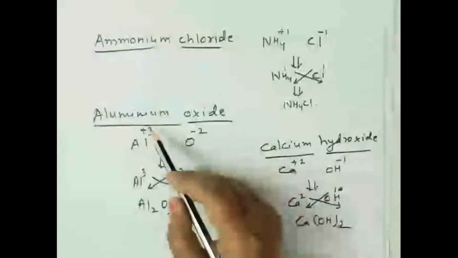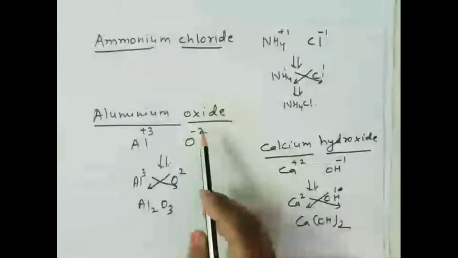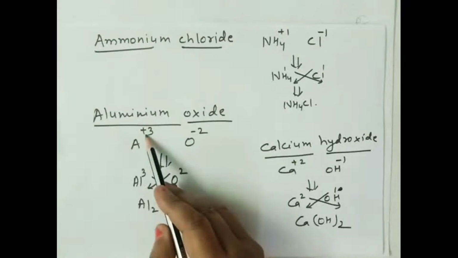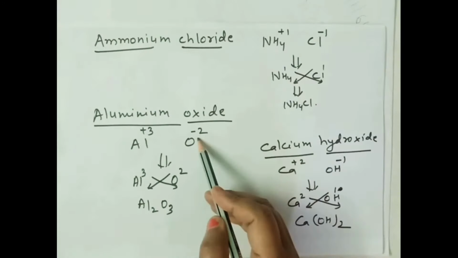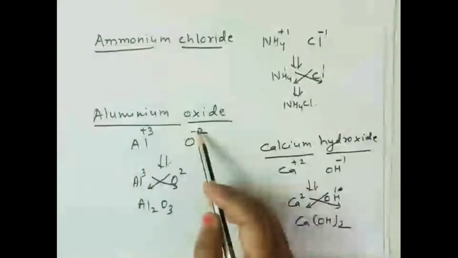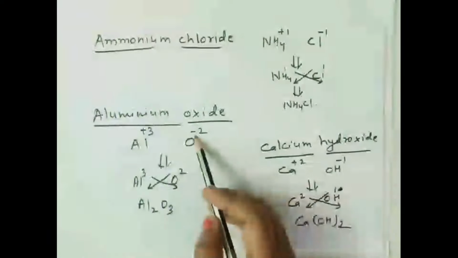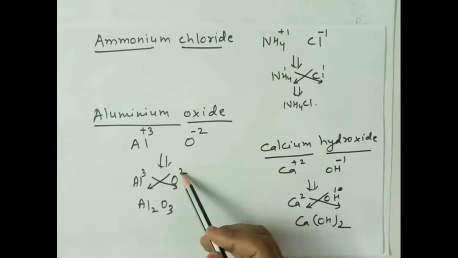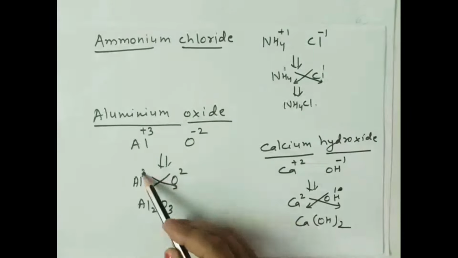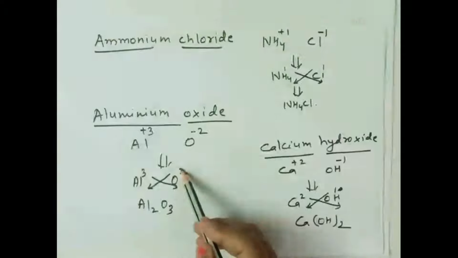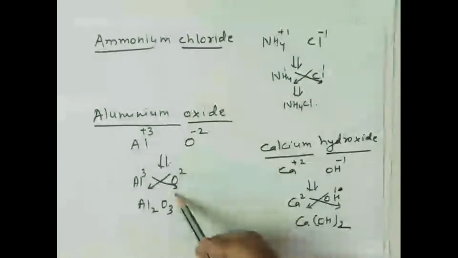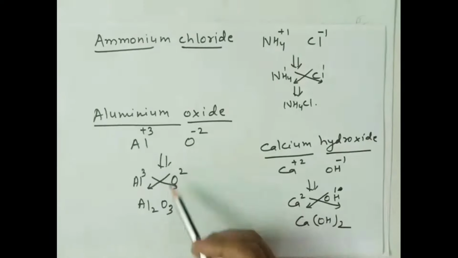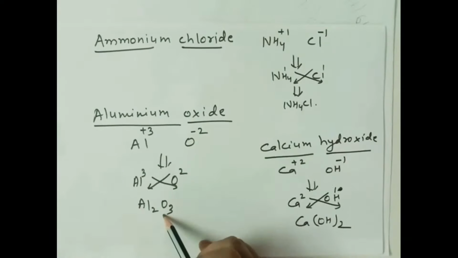So the aluminium symbol is Al, the oxide symbol is O, the valency of aluminium is +3, the valency of oxide is -2. For writing the formula, the plus or minus sign should be omitted. So simply we can write Al3 and O2, and 2 and 3 are crisscrossed. So 2 will come to aluminium and 3 will go to oxide. So it is Al2O3. The formula of aluminium oxide is Al2O3.